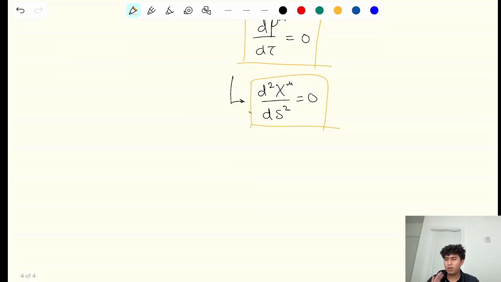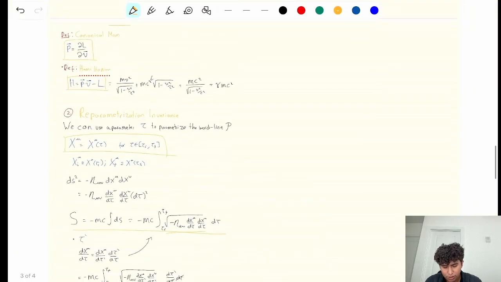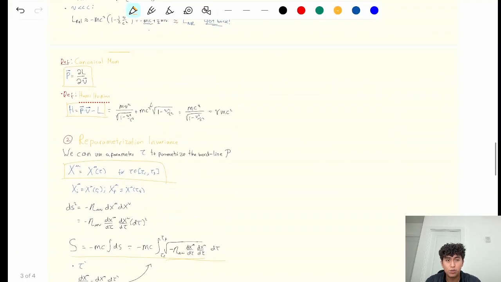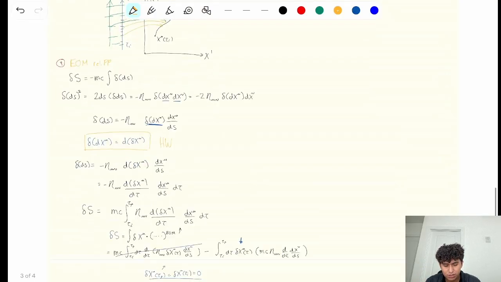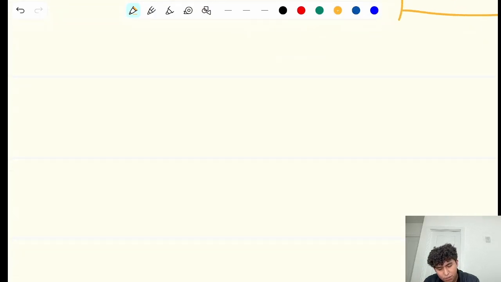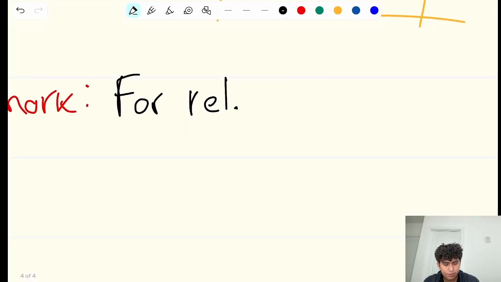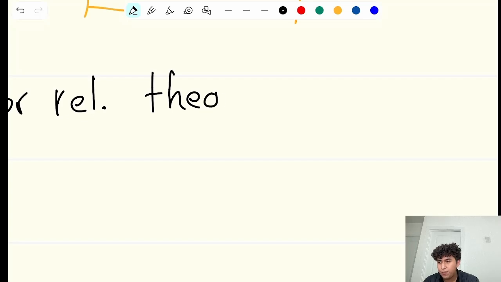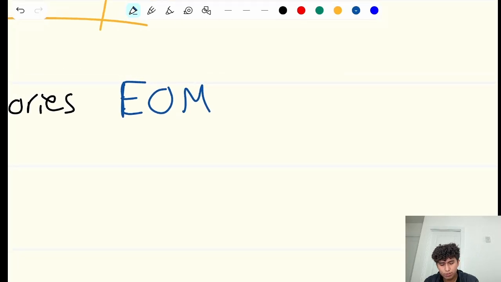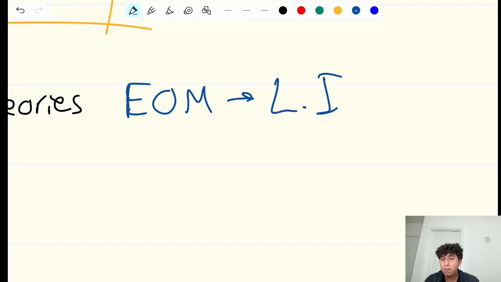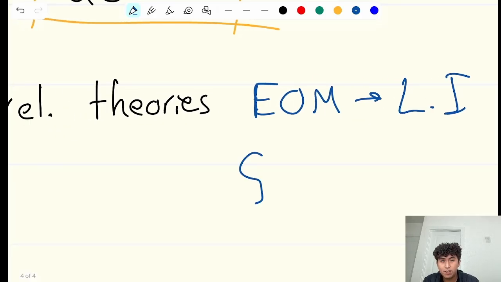My final remark for this section, which was the whole little introduction to relativistic actions and deriving equations of motion from relativistic actions, is that for relativistic theories, we need equations of motion to be Lorentz invariant, but the action doesn't necessarily have to be Lorentz invariant. There's no requirement.